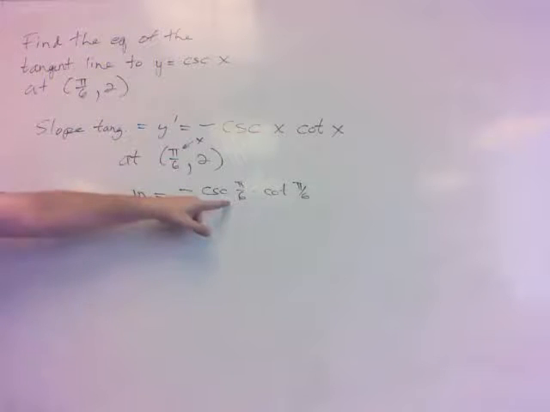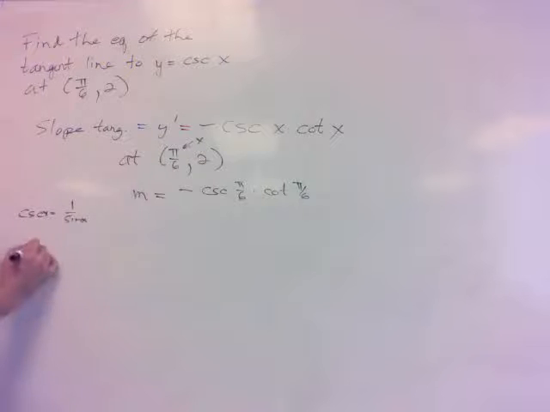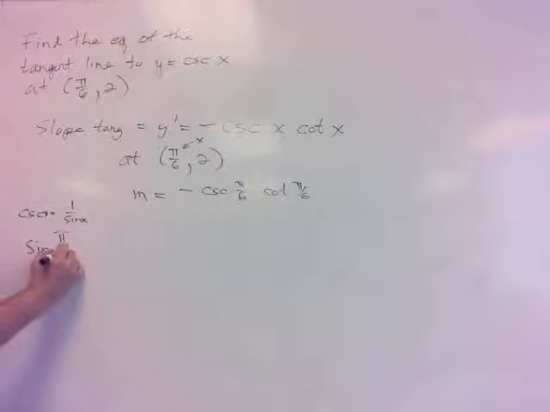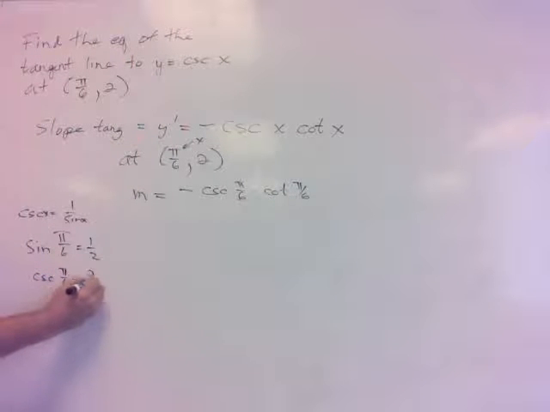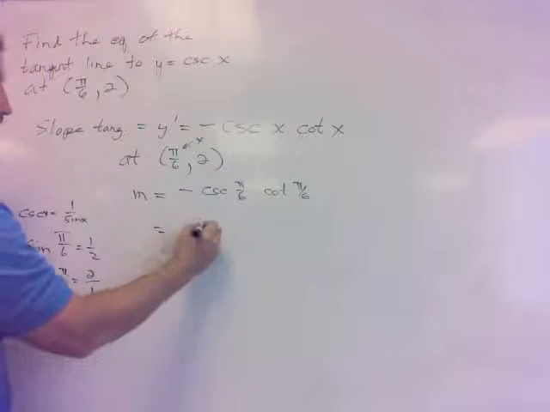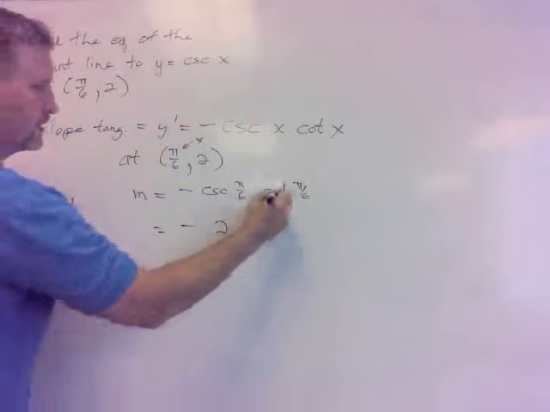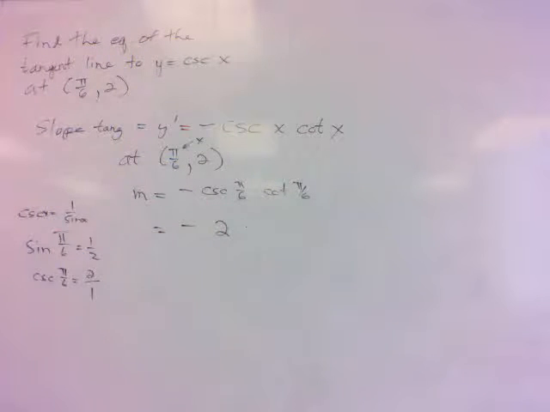Sine of pi over 6, let's see, sine, you got 0, pi, so sine of pi over 6 is 1/2. Just have to remember those trig identities. So the cosecant is the reciprocal of that, 2 over 1. Cotangent, I remember that one is cosine over sine.